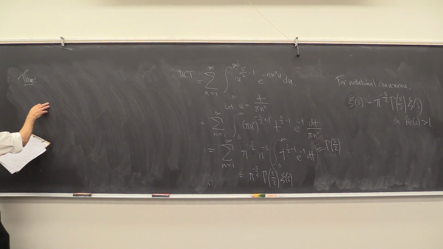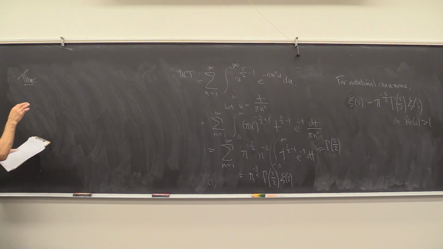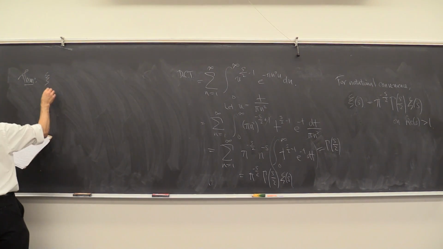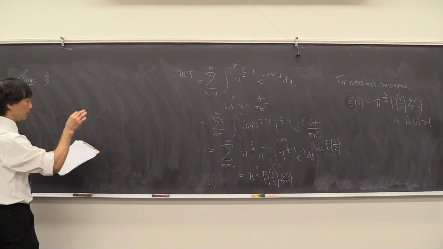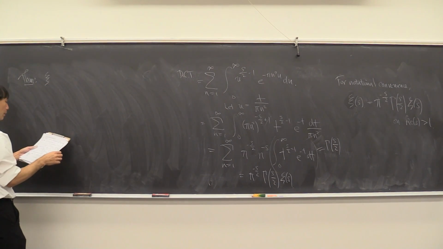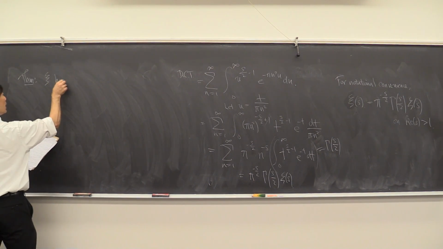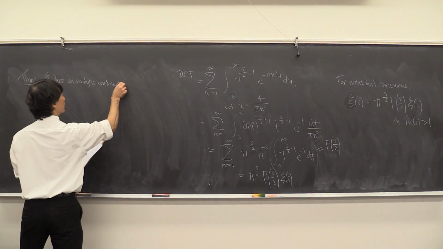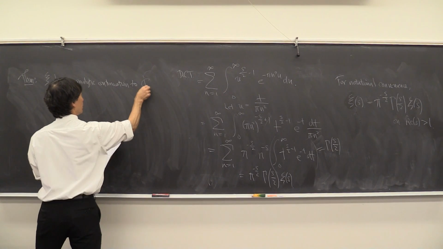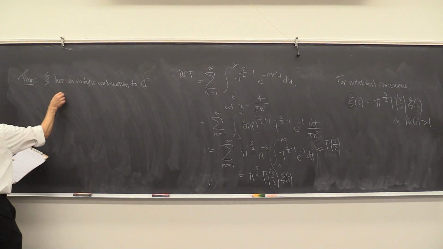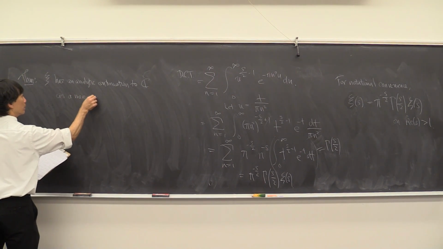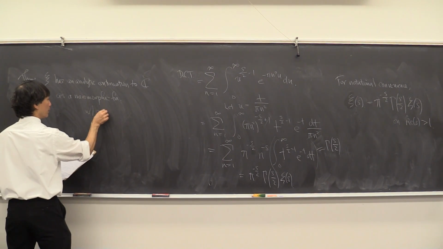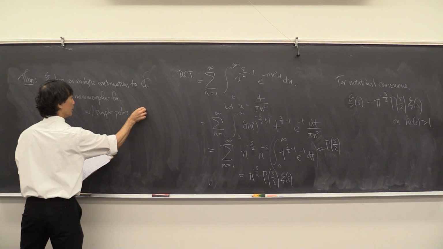The main thing we have to do now is prove the following: that xi, which is initially holomorphic where the real part is bigger than 1, has an analytic continuation to the plane as a meromorphic function with simple poles at 0 and 1.